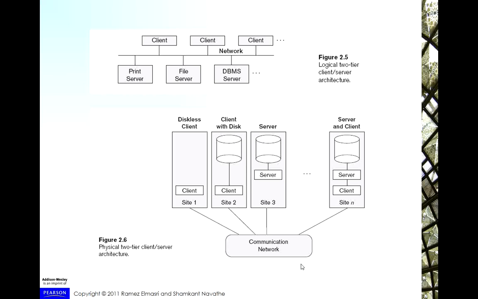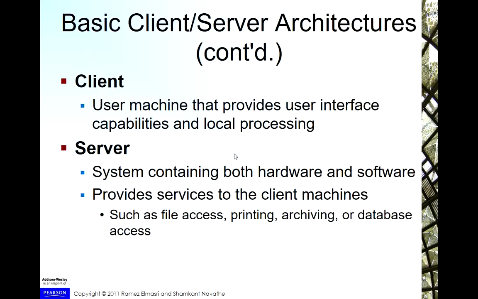Like we have a database server here, but this database server is connected to another computer that has a print server, and this server is connected through the communication network to another computer, which is called a client, but it has another web server, and so on. So this is a physical implementation of this two-tier architecture.